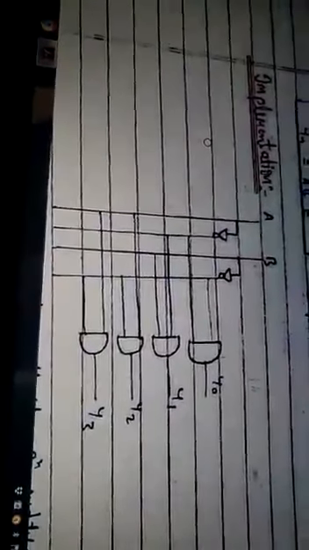How to design the 2 cross 4 decoder? Here there are 2 inputs A and B, and 4 outputs Y3, Y2, Y1, Y0. There are 2 inverters, one for A bar and one for B bar.